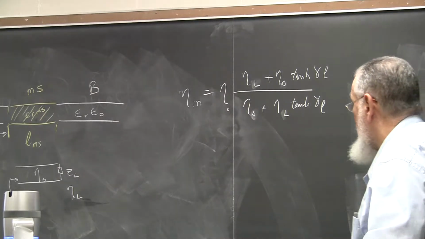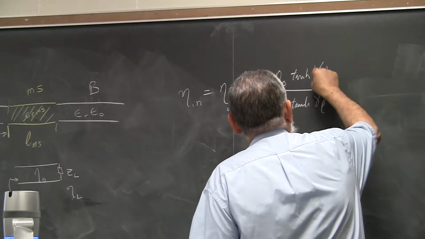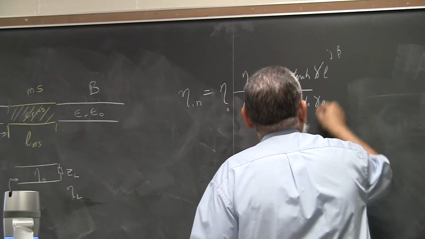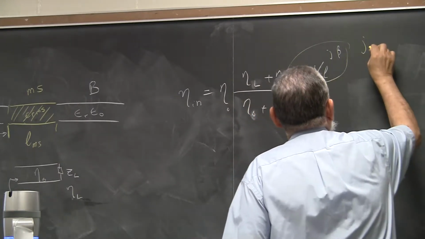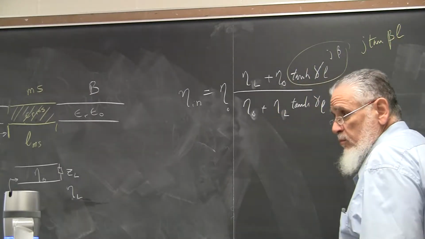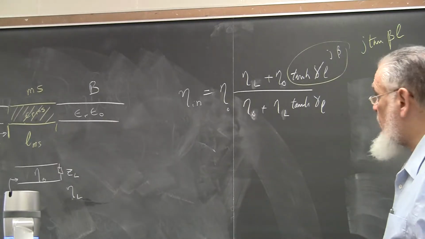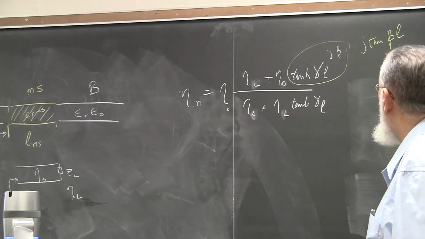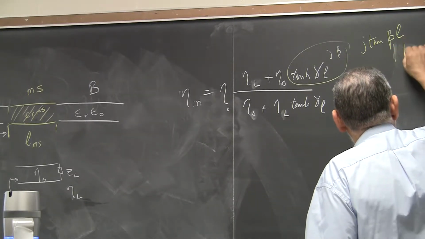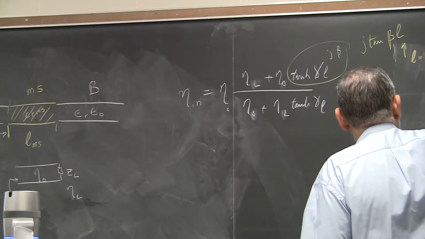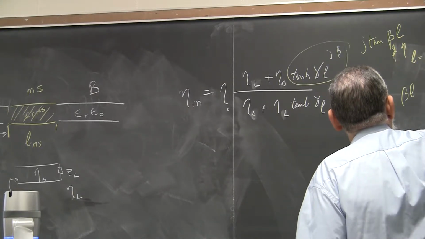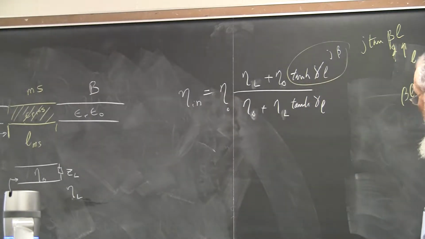That works out if we work lossless, where gamma is j beta, and j beta here means we can convert this to j tangent of beta L, if we assume that the losses are negligible. And if L is lambda by 4, then beta L, all these are guide quantities, beta G and lambda G, because we're working with waveguides here, and eta guide.